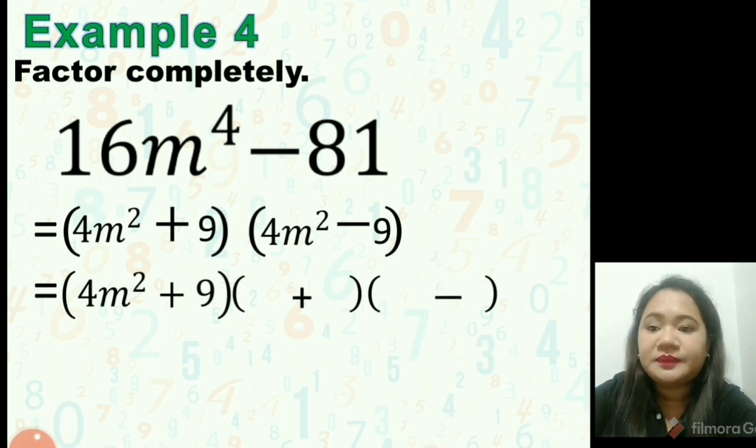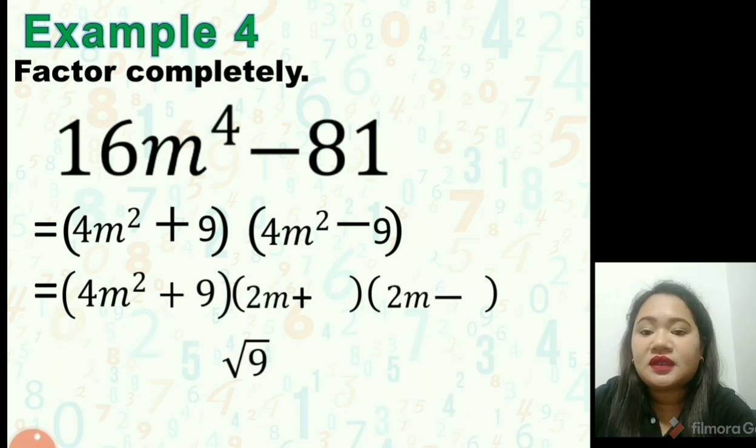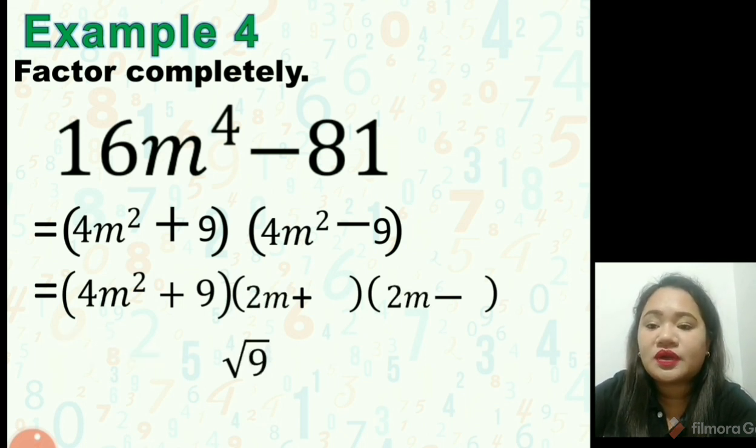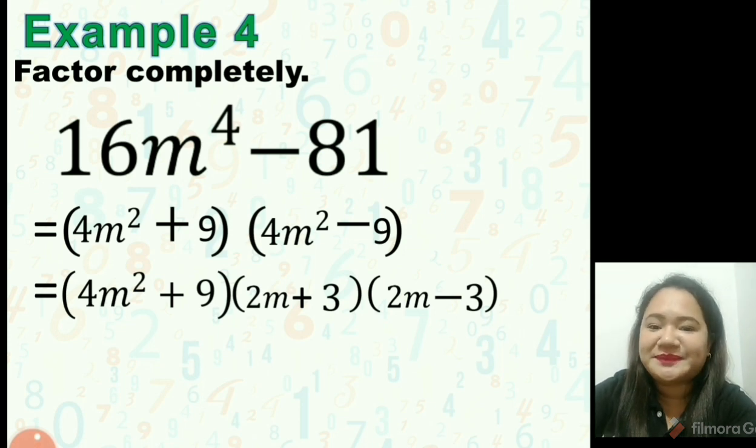And then get the square root of the first term. The square root of 4m squared is 2m. And then get the square root of the second term. The square root of 9 is 3. So the final answer is quantity 4m squared plus 9 times quantity 2m plus 3 times quantity 2m minus 3.